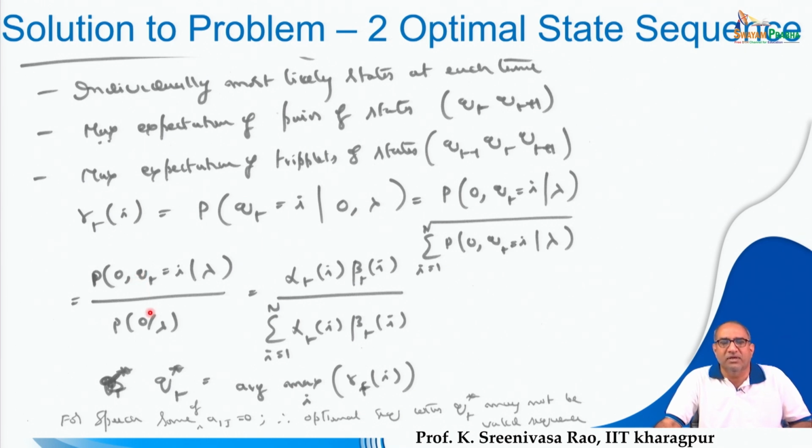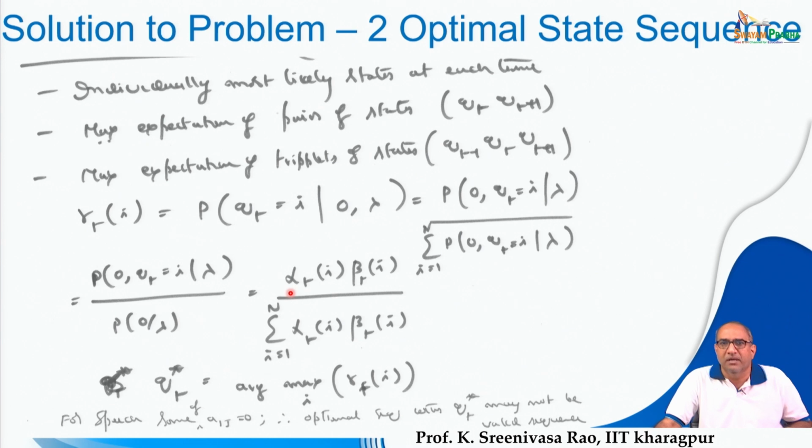That way you can write this in terms of forward and backward variables, because at time t the system should be in state I, and then preceding and following we do not have any constraint at all. Therefore, you can write this as alpha t of I multiplied by beta t of I. What is alpha t of I?